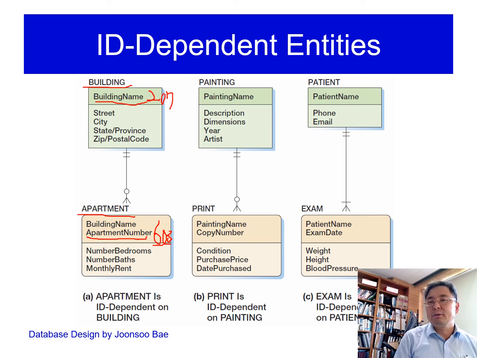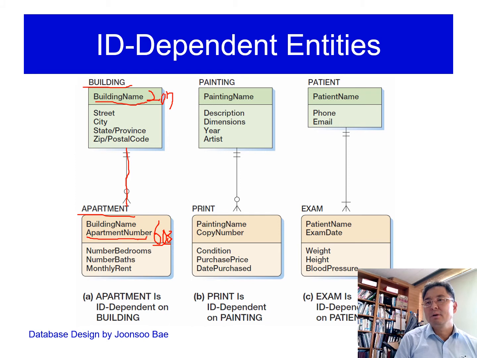In order to represent that this is an ID dependent entity, we must use a solid line. This solid line means that it is an ID dependent entity.